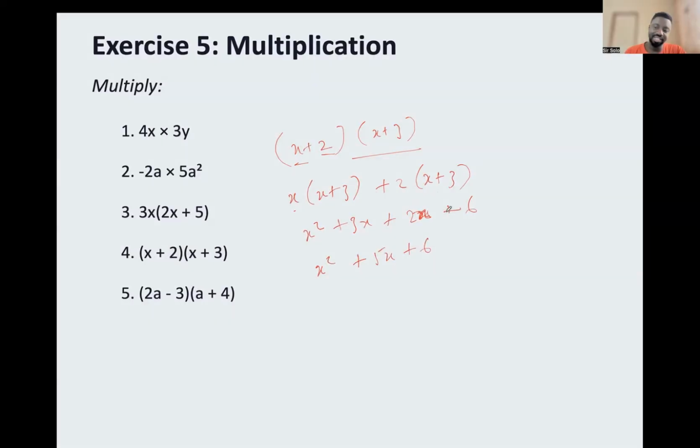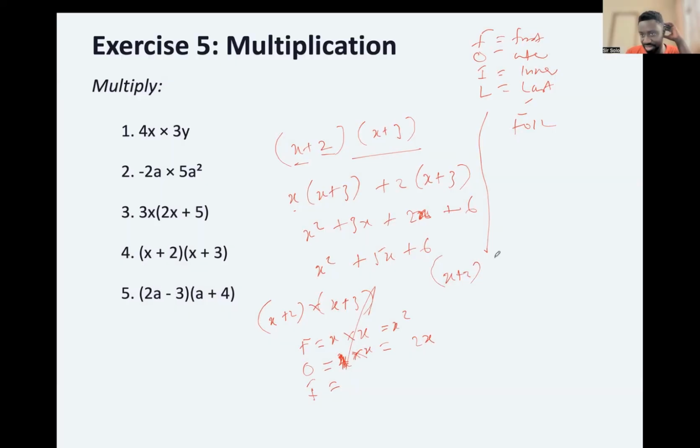Good. And now the FOIL method, where F means first, O is outer, I is inner, and L is last. It is going to be this, x plus 3.